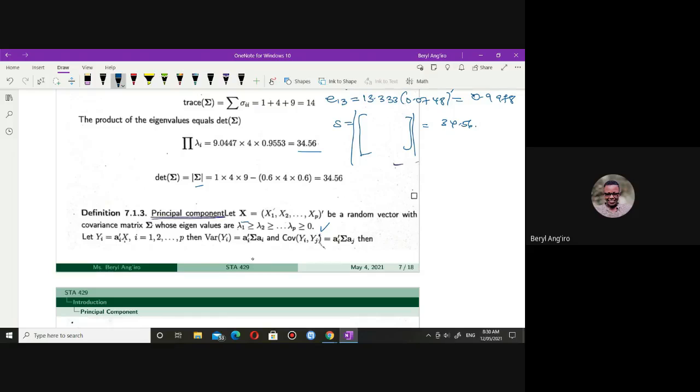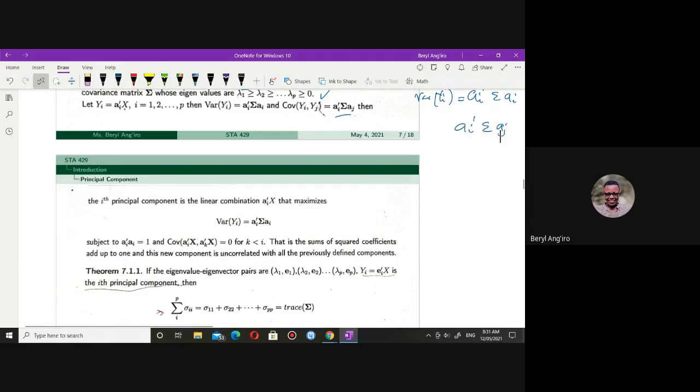Let yi, so we have a new variable, yi, be ai transpose x, with i taking values 1 up to p. Then the variance of yi will be ai transpose sigma times ai, and the covariance of yi, yj will be ai transpose sigma aj.